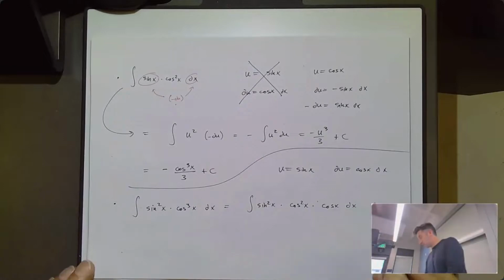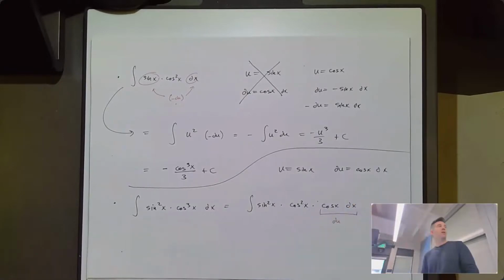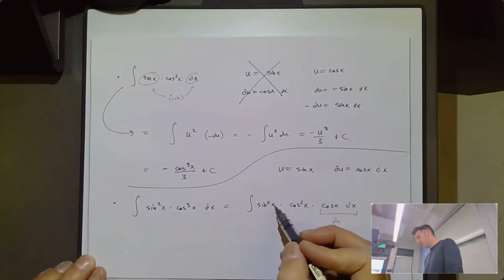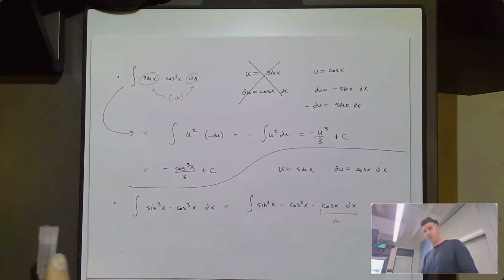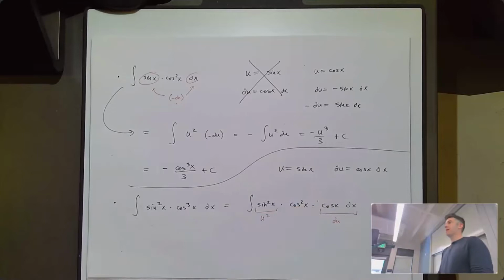So my du being equal to cosine x dx, there's my cosine x dx, which is du. And then sine squared x, well, u is equal to sine, so that sine squared is going to become u squared. And then what about the cosine squared?